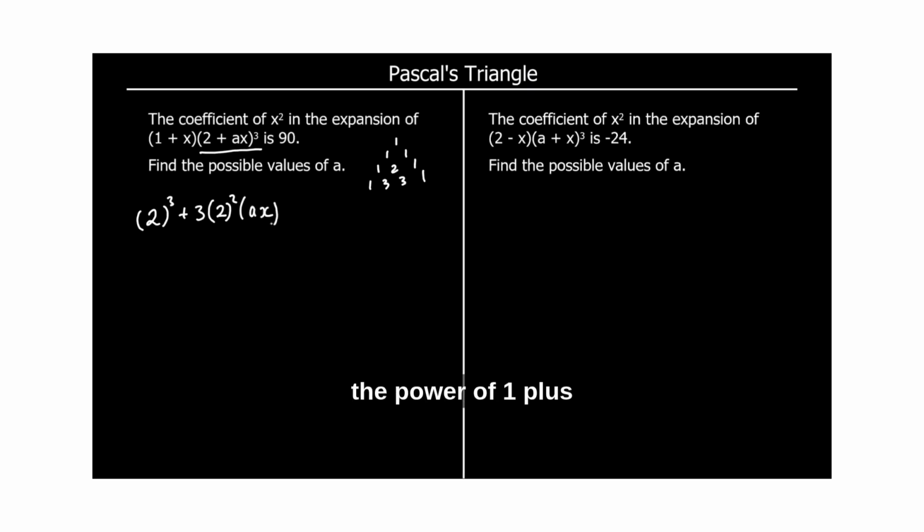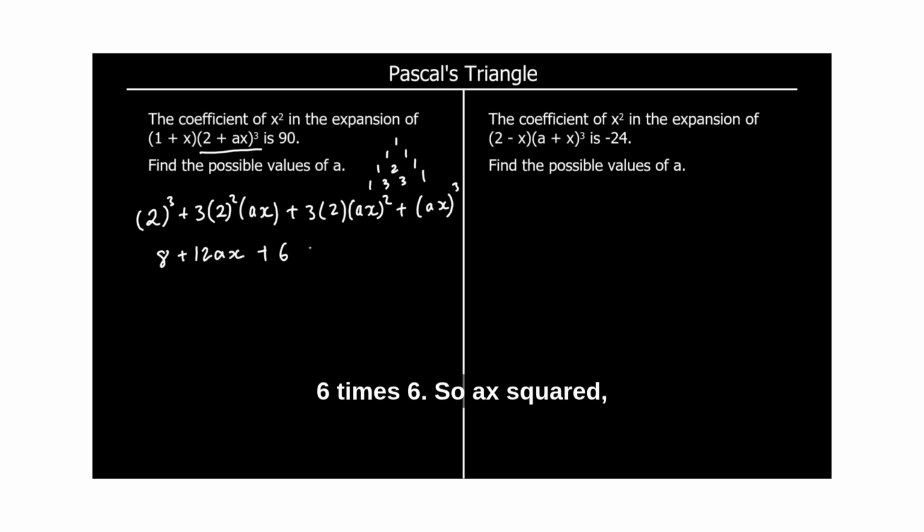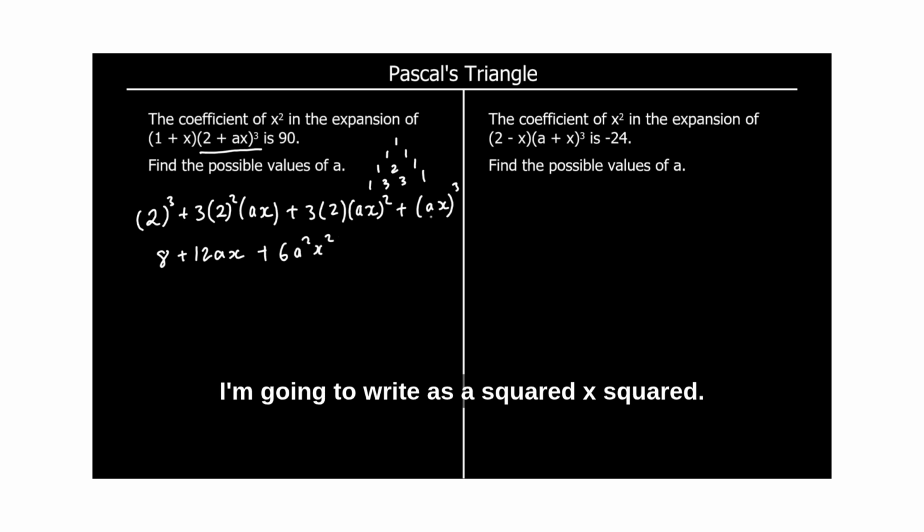times ax to the power of 1 plus 3 times 2 to the power of 1 times (ax) squared plus 1 times (ax) cubed. Simplifying, we've got 8 plus 12ax plus 6 (ax) squared, which I'm going to write as a squared x squared, and (ax) cubed, I write as a cubed x cubed.